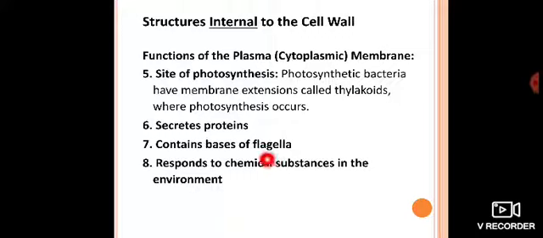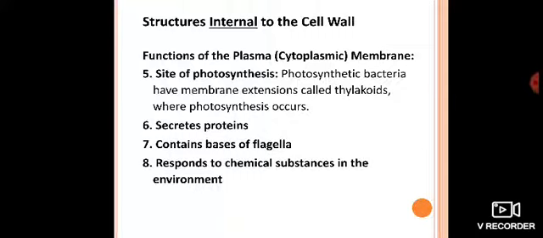Then it secretes proteins; a number of proteins are secreted through that membrane. Then it contains the base of your flagella. Do you remember that the flagella has three different areas, and the last two rings are attached to each other and attached to the plasma membrane?